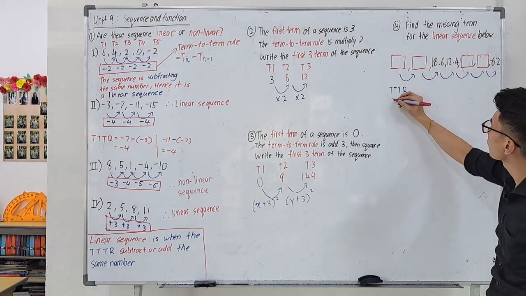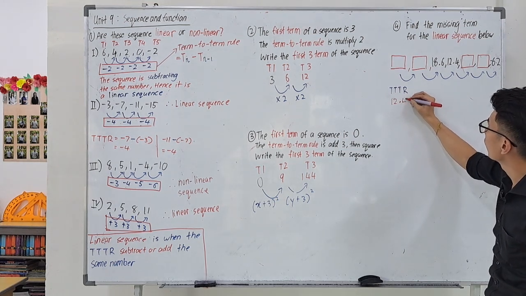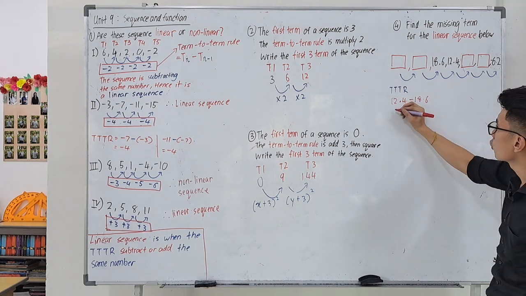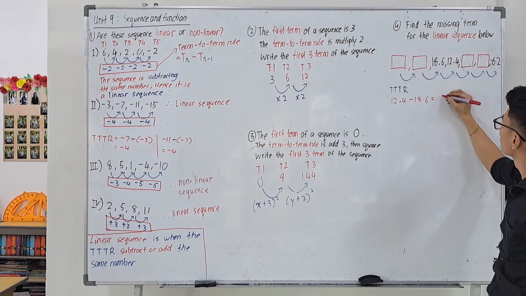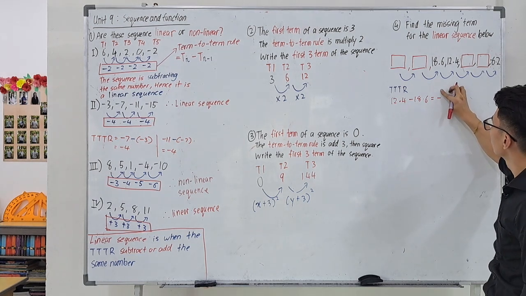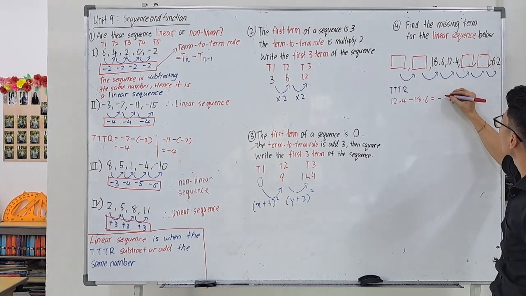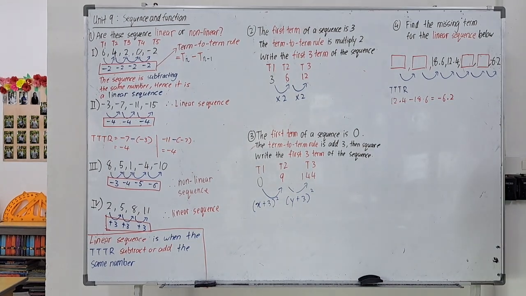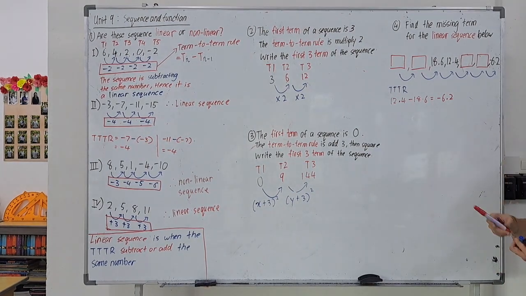Term-to-term rule, okay? So it's going to be the number that you choose, and you subtract the number before it. So in this case, that's going to be 12.4 minus 18.6, okay? And you should get negative 6.2 over here, okay? So that is my term-to-term rule.